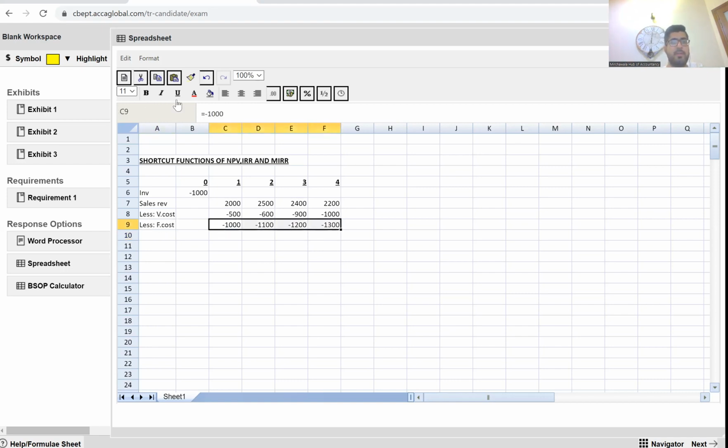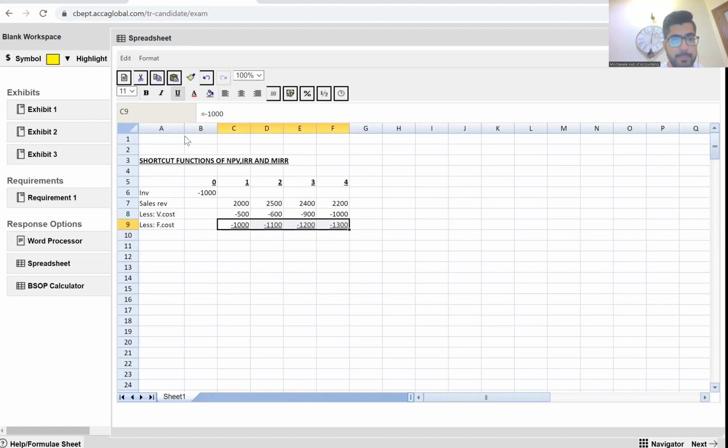So when we have a revenue, variable cost, fixed cost, we all know that we deduct them to get taxable profits. So taxable profit here, it's same as B6. And here it's the sum of C7 revenue till C9.